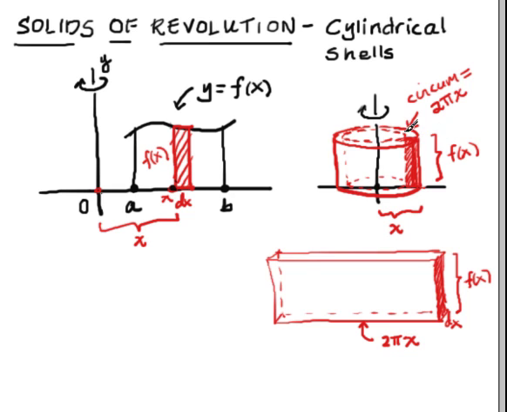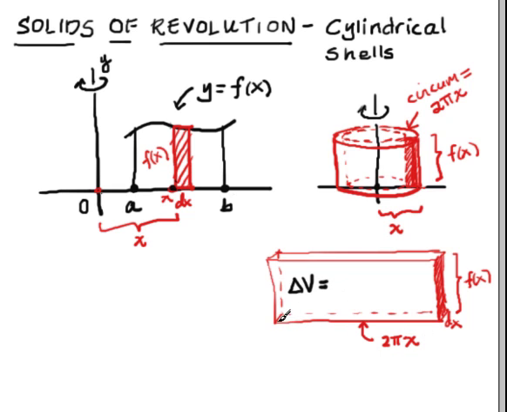Here is the side of this thin, solid rectangle. Now this circumference, 2 pi x, got spread out, got opened up. So the bottom of this solid rectangle has length 2 pi x. The height is f of x. The thickness is dx. So this little volume, the volume of this cylindrical shell, we're going to call delta V. And it's equal to the product of the three dimensions.